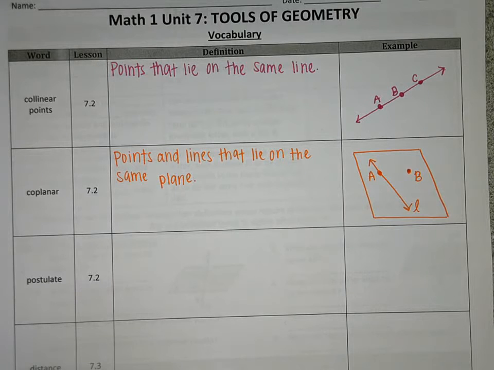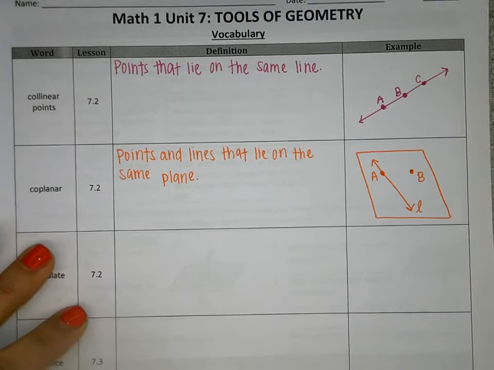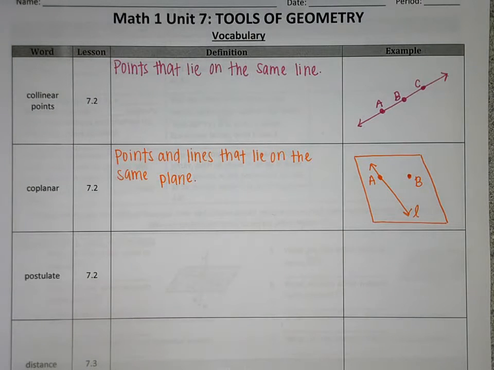The last definition that we have is a postulate. So in math, when you are creating new rules for math, order of operations, addition and subtraction, all of our commutative, associative, distributive properties, you have to prove it mathematically. When I was in college, I got my degree in math, and most of the classes that I took were proving statements or proving mathematical concepts.